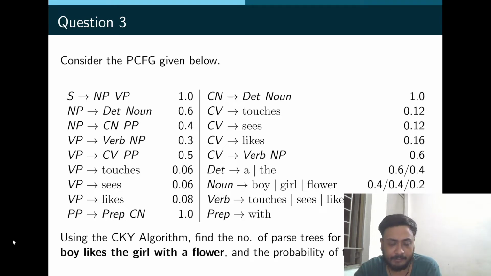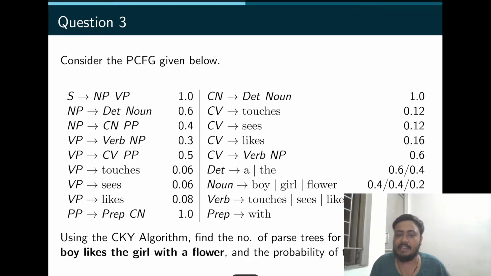You need to know this, that for applying the CKY algorithm, you have to first get the grammar into CNF form. Okay, so Chomsky normal form. If you like, that is the first step. Because the grammar over here has already been given in CNF, you don't need to worry about that. So we can directly apply the CKY algorithm. All right. So these are the rules.